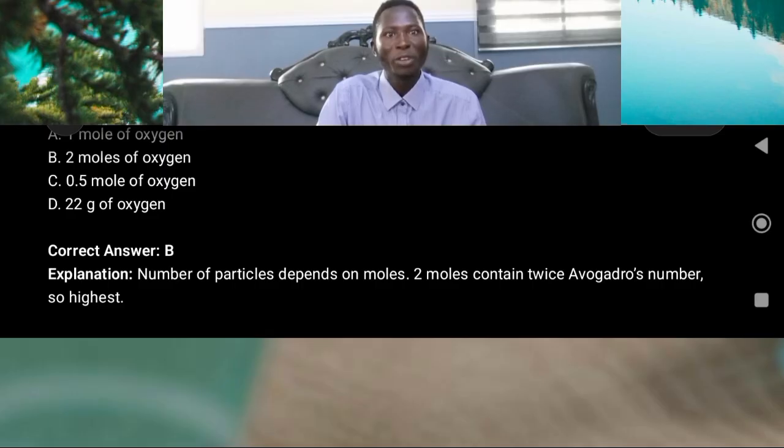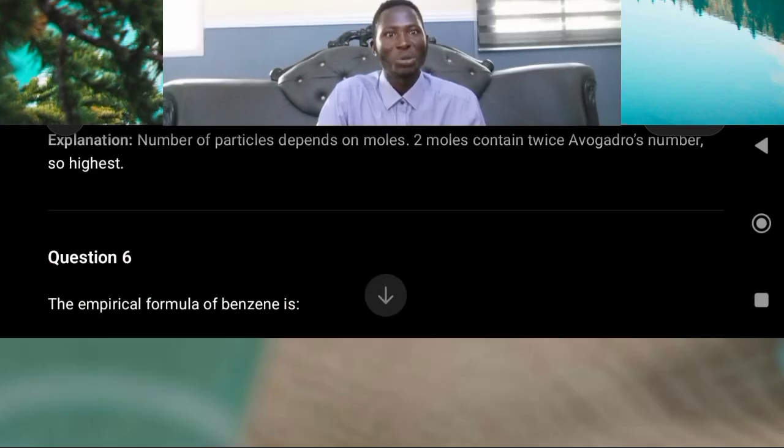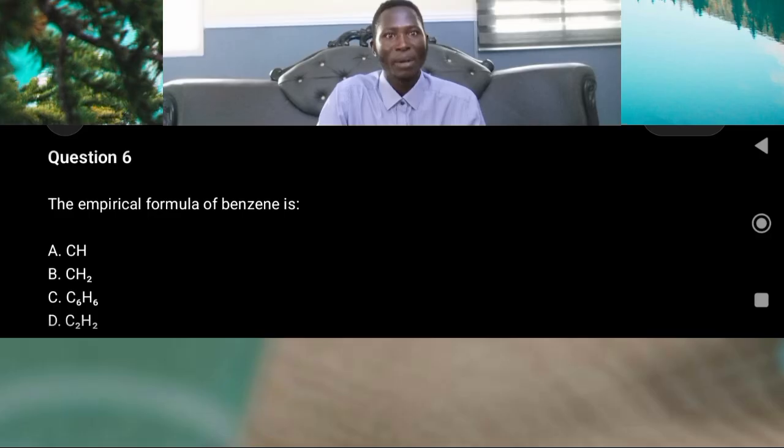2 moles of oxygen. So the next question, which is question 6. Question 6 says, what is the empirical formula of benzene? A, CH; B, CH2; C, C6H6; and D, C2H2.